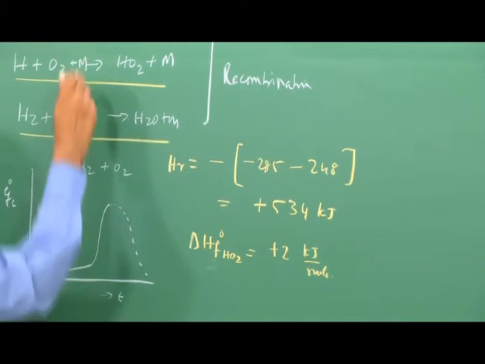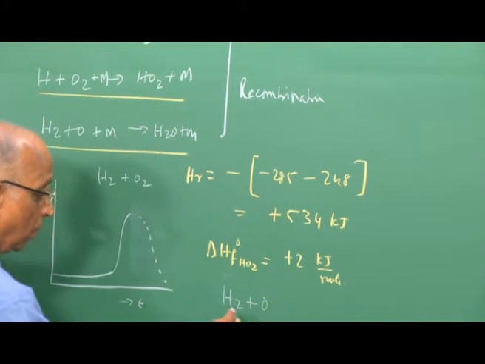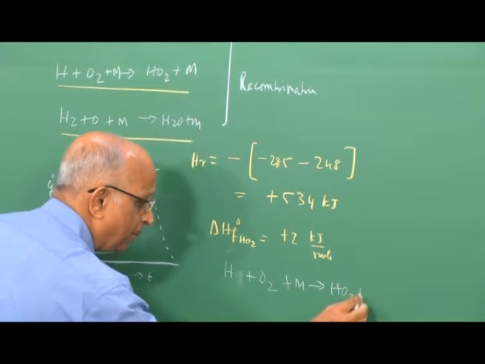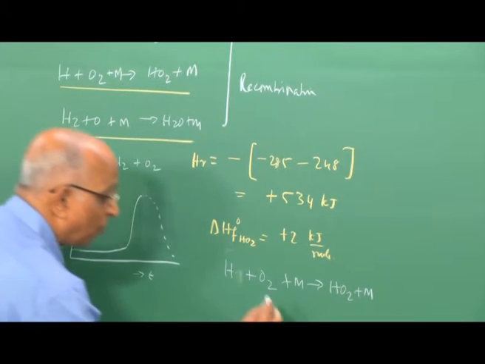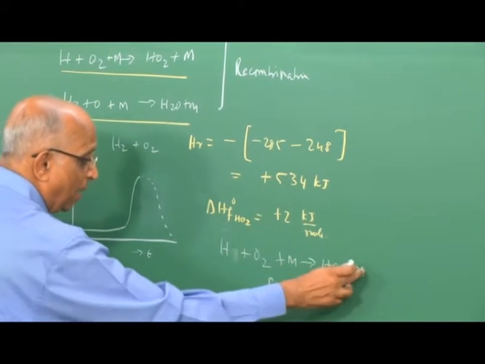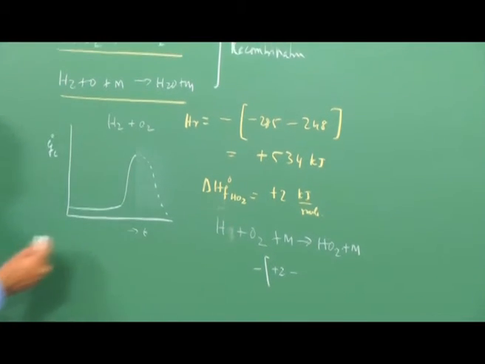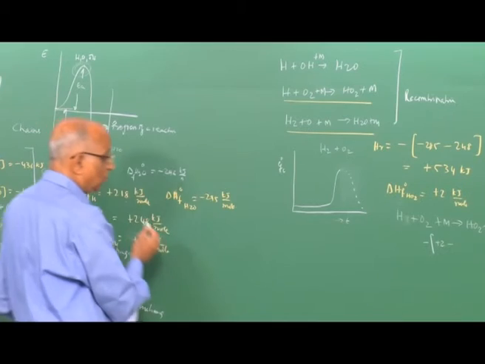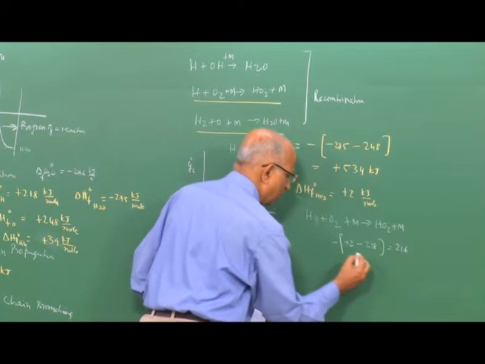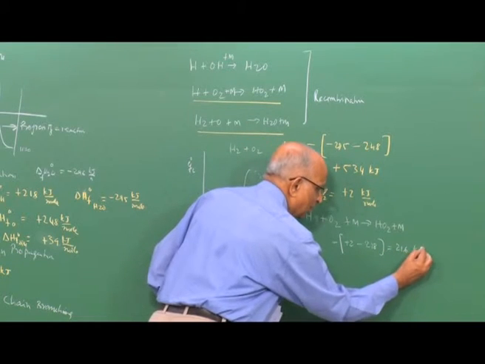Therefore, the energy liberated in the reaction H plus O2 plus M going to HO2 plus M is plus 2, that is the product, M and M being the same over here, minus the heat of formation of H, which is plus 218. That is 2 minus 218, which gives something like minus 216, and because this is a small positive value on the product side, it is 216 kilojoules.